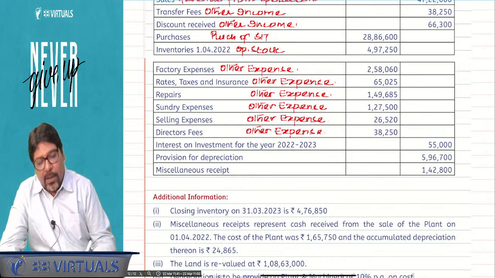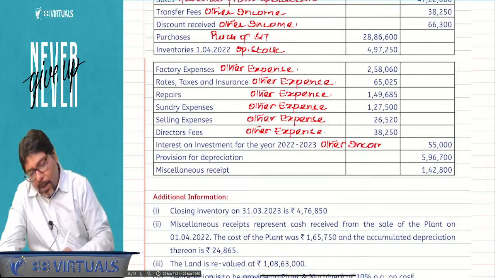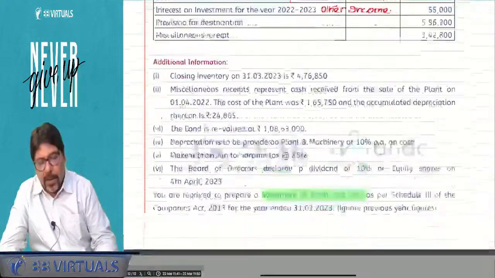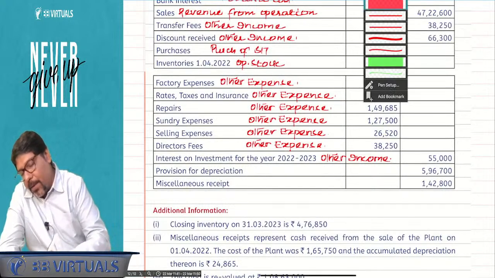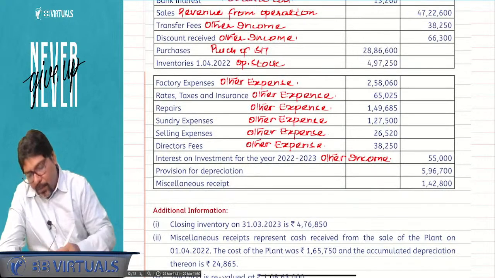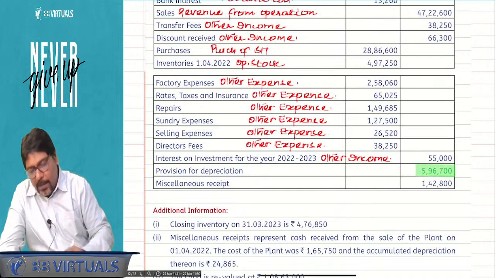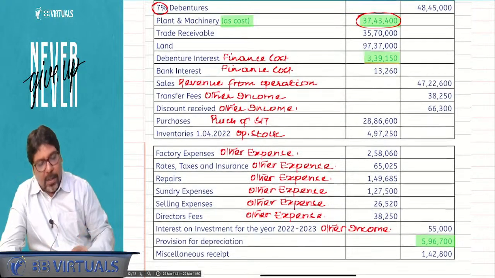Correct. Interest on investment for the year, this is other income. 22, 23, that is our current year only. Provision for depreciation will be subtracted from the cost of the asset, so it is not in depreciation.